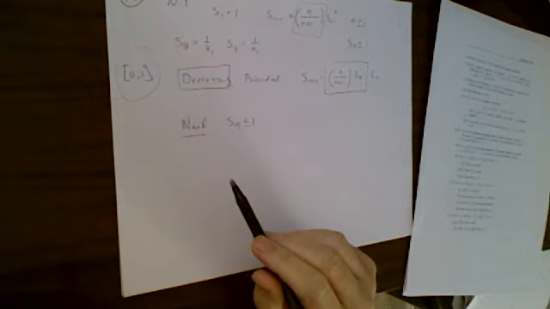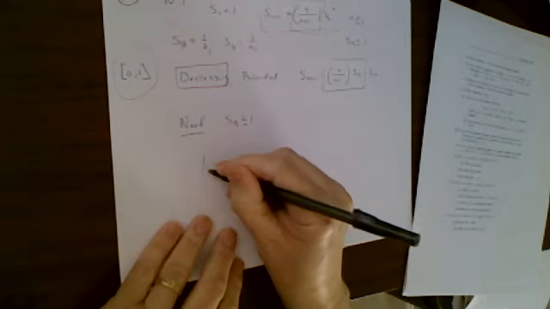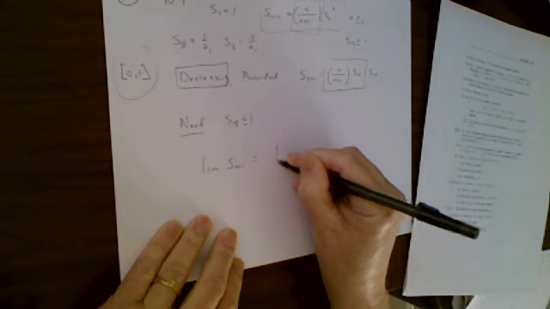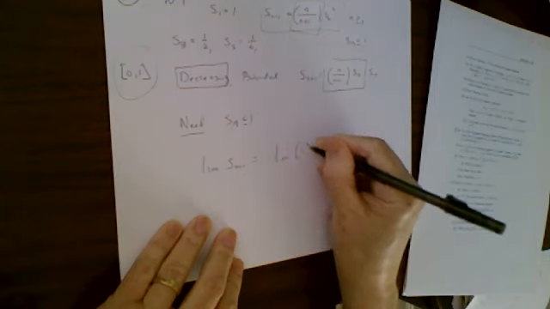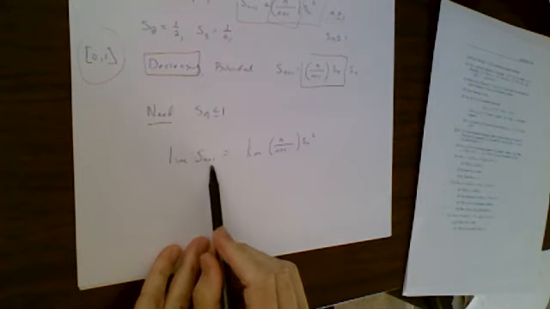So what is the limit? Well, let's take the limit of both sides here. The limit of S sub n plus 1 is the limit of n over n plus 1 times S sub n squared. The limit theorems say the limit of the S sub n plus 1s is the same as the limit of the S sub n's.